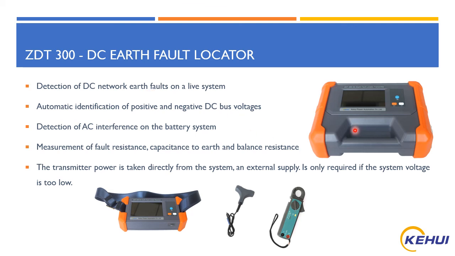It has wonderful features: this equipment can be used without an external power supply if it is a 110 volt or 220 volt DC system. If you are using this equipment for a 48 volt or 24 volt system, you need to have an external power supply to energize the transmitter unit.